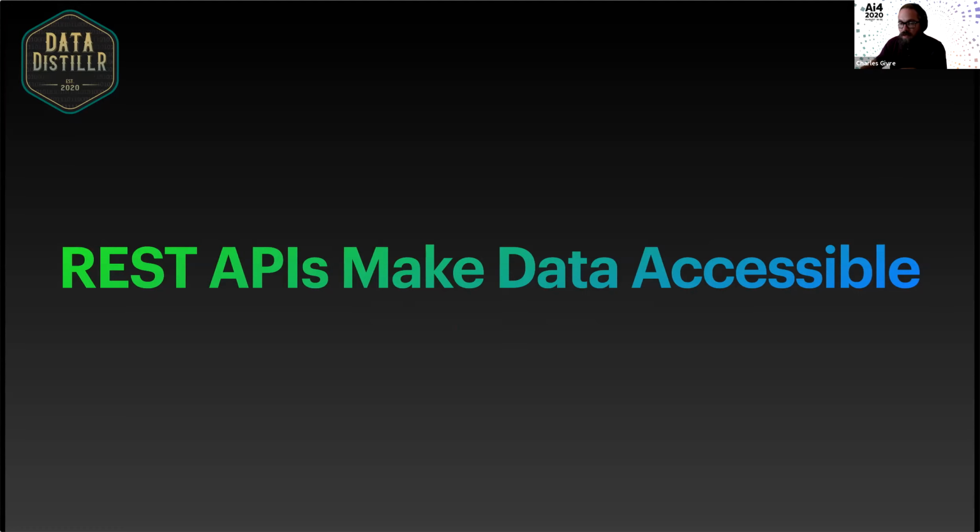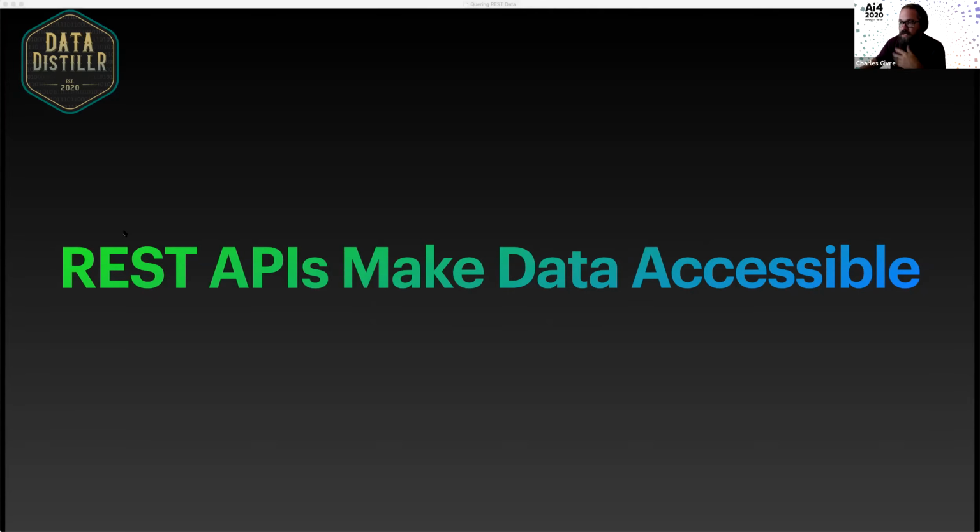So what you can do is create a REST API that has a query, and a user can access just a specific part of that, or perhaps execute a very specific query, and then they'll get results in a predefined manner. And so the idea is that, in theory, a REST API can make data more accessible.